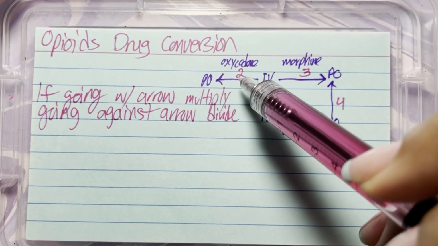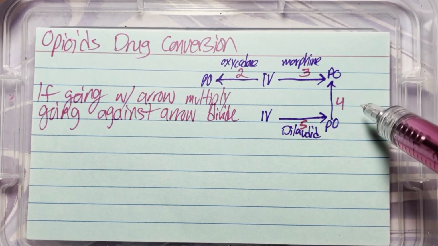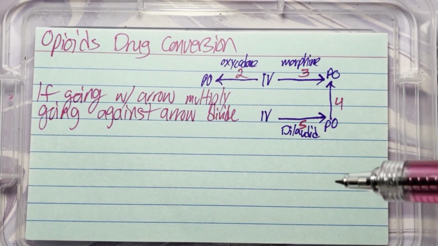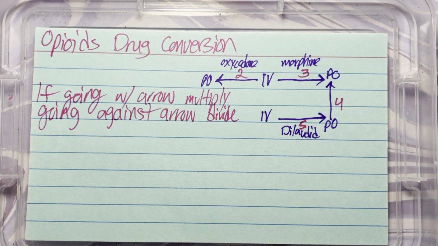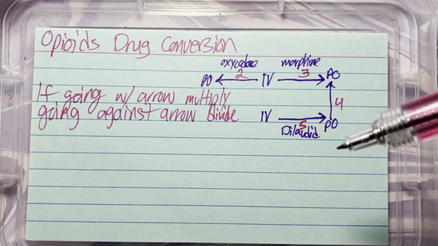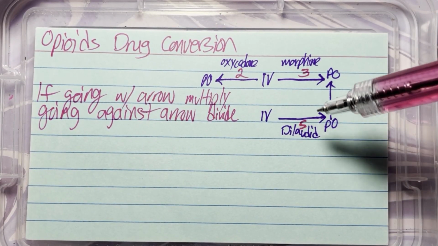So IV to PO oxycodone, it's going to be 2, 2, 3, 4, 5. If you can memorize that, then you don't have to remember all those numbers in that chart for the opioids. You know what I'm talking about? This is so much easier. So basically, let's just say you get IV morphine and you need to go to PO Dilaudid.